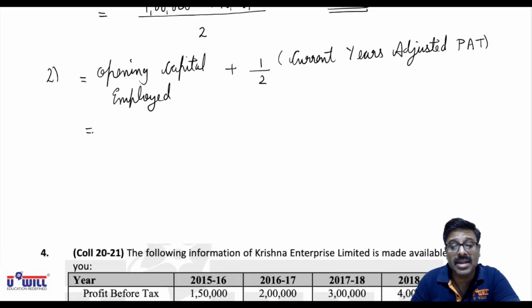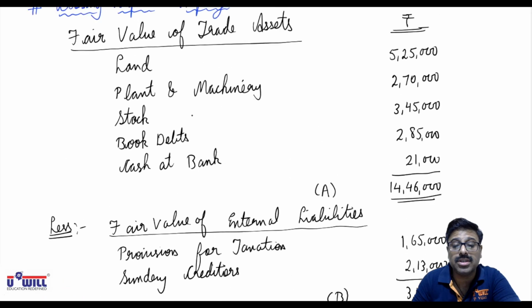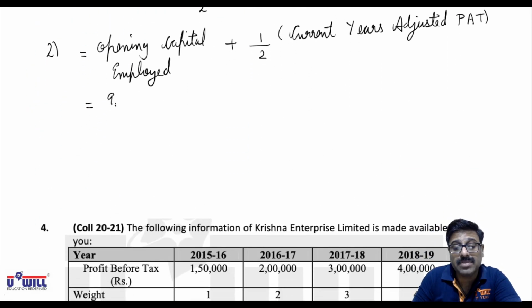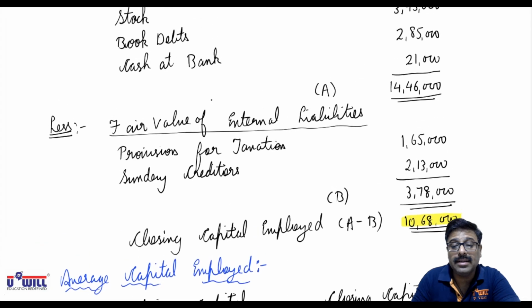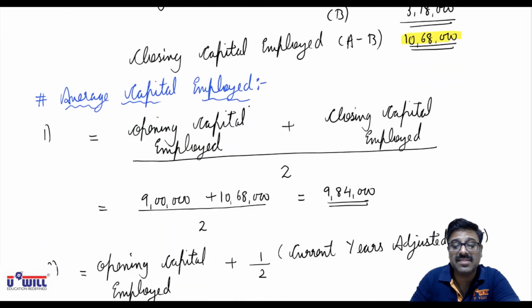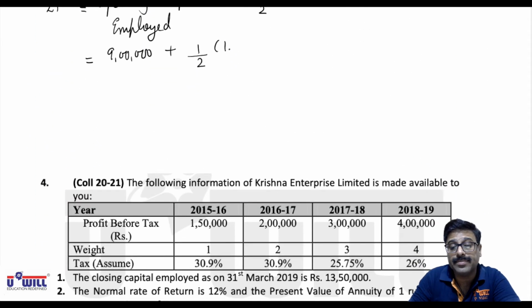Now what is opening capital employed? Already given in the question, 9 lakh, plus adjustment. You are also given current year's adjusted profit after tax. So what is half of that? Current year's adjusted profit after tax, you all can see, is 1,65,000. So half of 1,65,000 we have to add in that.